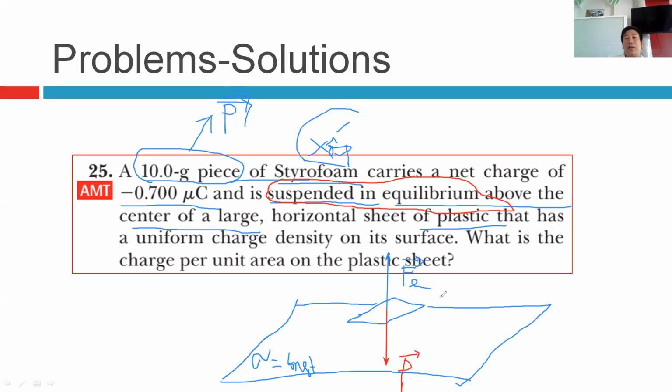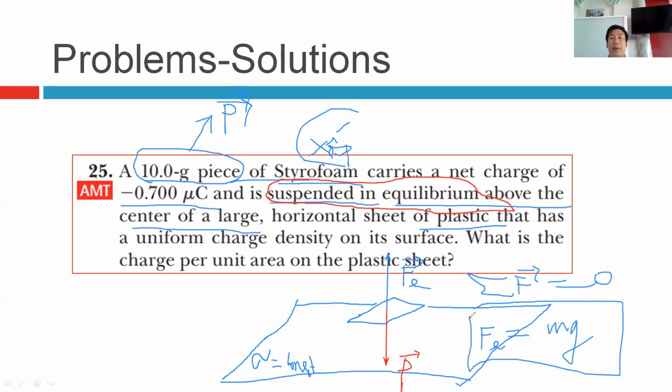And the condition is the total force needs to be 0. It means that Fe needs to equal mg, right? Okay, this is the key point.